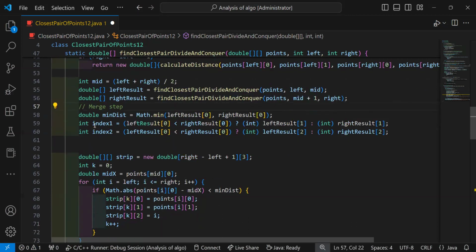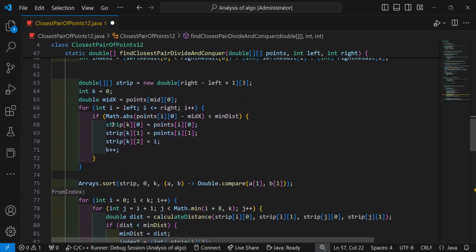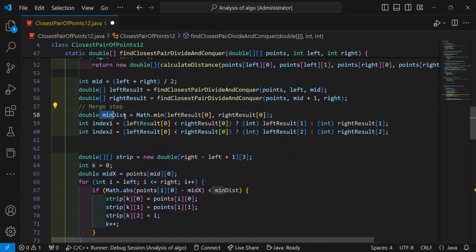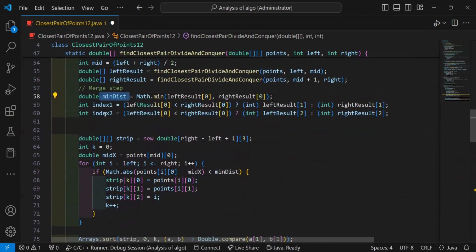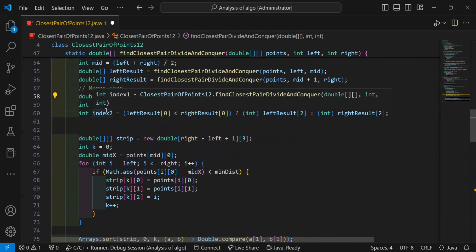For the merging step, it finds the minimum distance for the closest pair of points found in the left and right halves. Index 1 and index 2 are the indices, based on which half had the smallest distance.